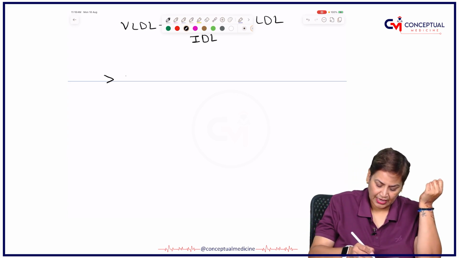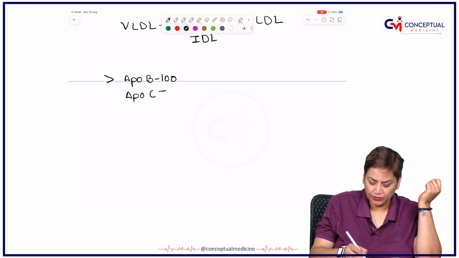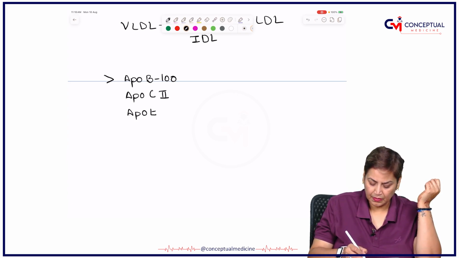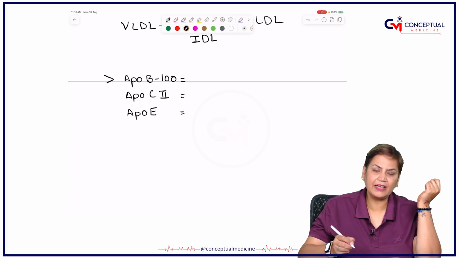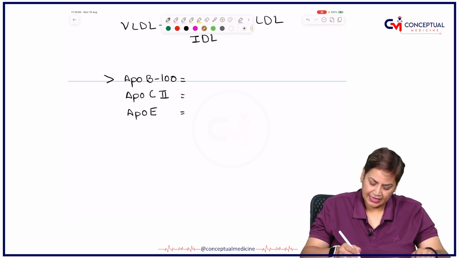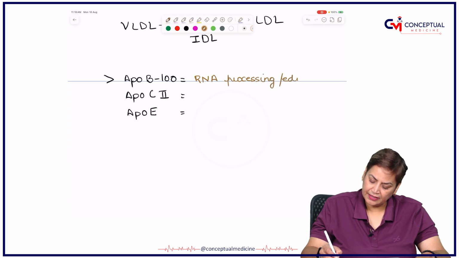The first apoprotein which is required is Apo B-100. Along with Apo B-100, Apo C2 and Apo E. Apo B-100 is specific for VLDL, and Apo B-100 is synthesized in the body by a process of RNA editing or processing.